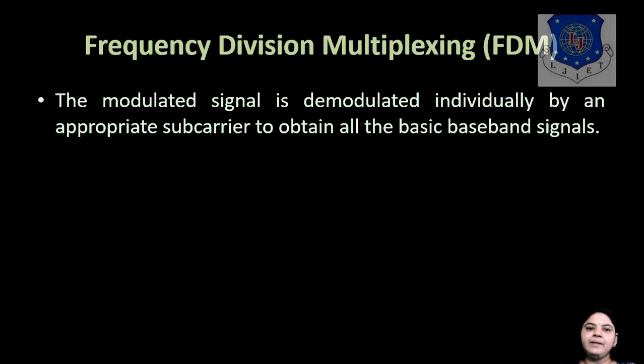So the modulated signal is demodulated individually by an appropriate subcarrier to obtain all the basic baseband signals. This way frequency division multiplexing can be used in the amplitude modulated signal. So this way we have learned about FDM signals.